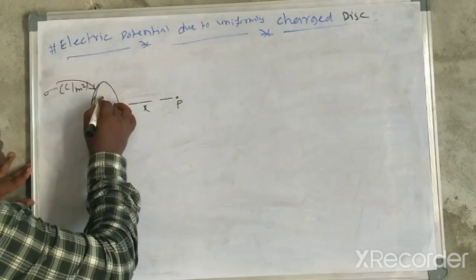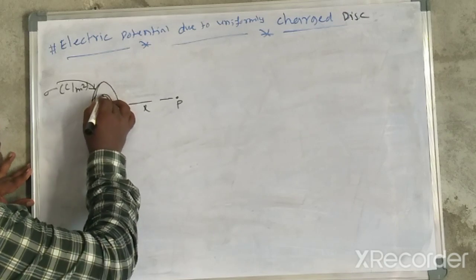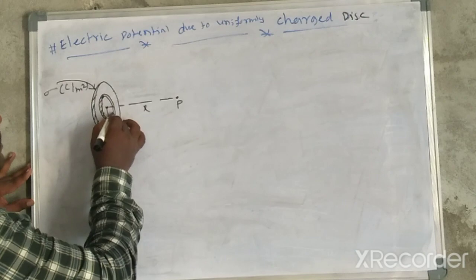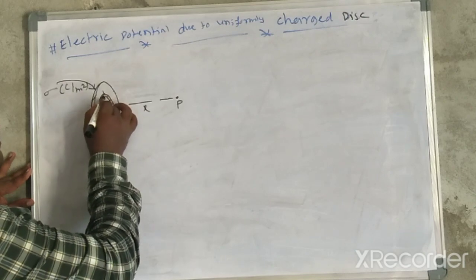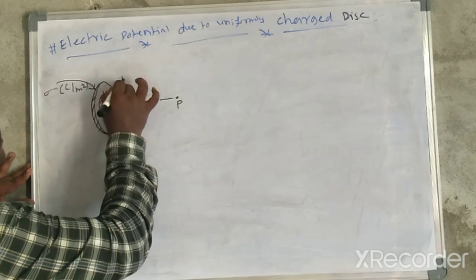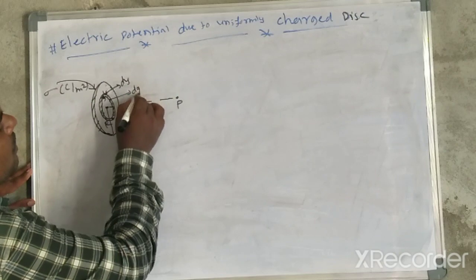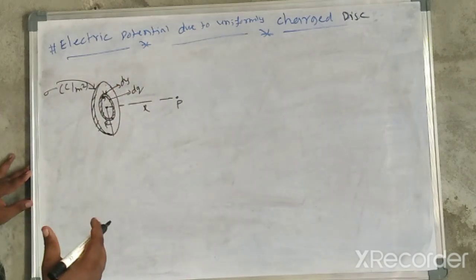Let us consider a small elemental ring like this. I would like to consider the ring width dy, and the ring charge is dq, a small elemental charge.